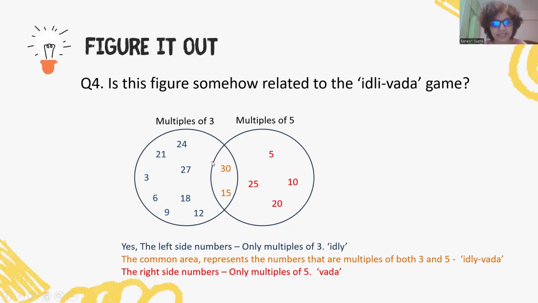And in between, the intersection of these two circles, this common area is basically the multiples of both idli and vada, that is both 3 and 5, starting with 15. So the first number is 15, then all the multiples of 15 will be in this shaded intersection area.